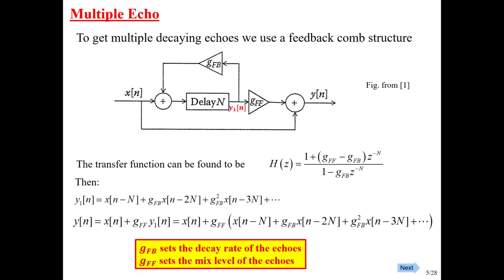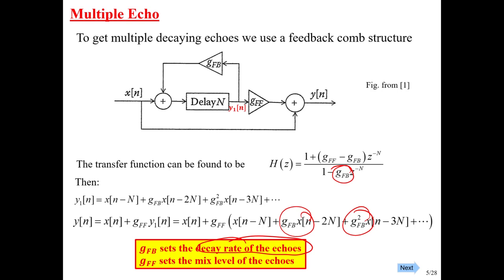And now we can see that this sets the feedback, and that's going to set the decay rate of the echoes. And you can see that also here. So if G sub FB is a number close to 1, that will decay slower than when G sub FB is a number much less than 1.